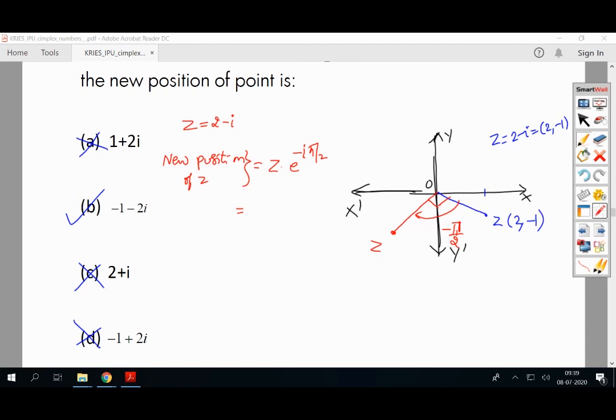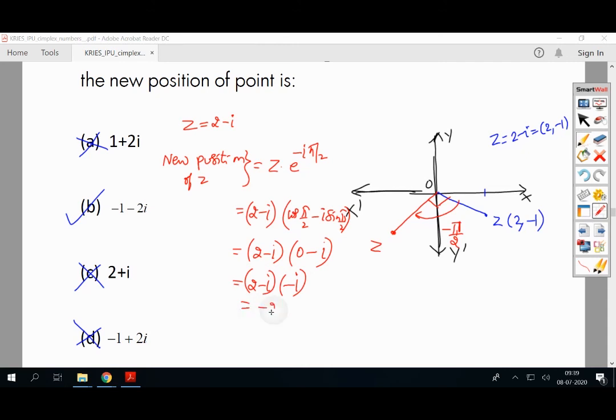So now on simplification, it is 2 - i multiplied by cos pi/2, which is 0, minus i. So this is nothing but 2 - i into -i. It is -2i plus i square. You all know the value of i square is going to be -1, so it is -1 minus 2i.